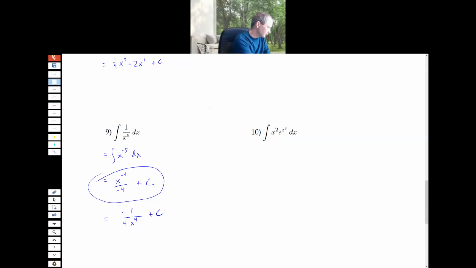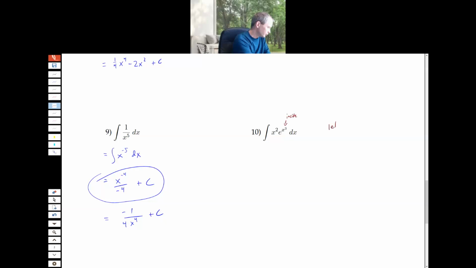Okay, number 10, we're going to do a u substitution. And I'm not going to reteach u substitution, but hopefully, if I do an example here, it'll come back pretty fast if you don't already remember it. Okay, so typically we want to let u be the inside function. And here I can see, well, I have an exponential with an x cubed on the inside.